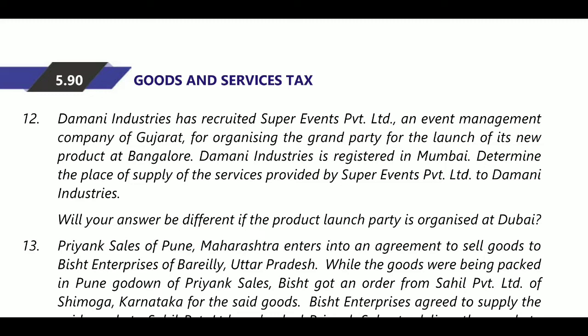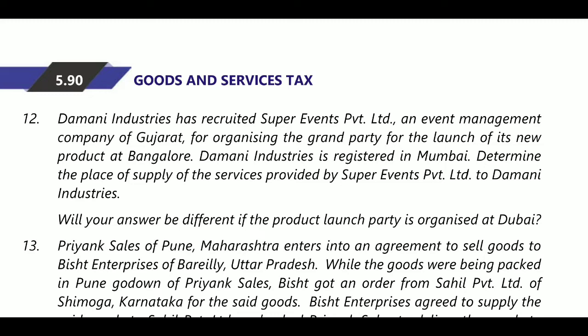Adoni Industries is registered in Mumbai. So the recipient is registered in Mumbai, the service provider is registered in Gujarat, and the event will be conducted at Bangalore. Determine the place of supply of service provided by Super Events Private Limited to Adoni Industries.